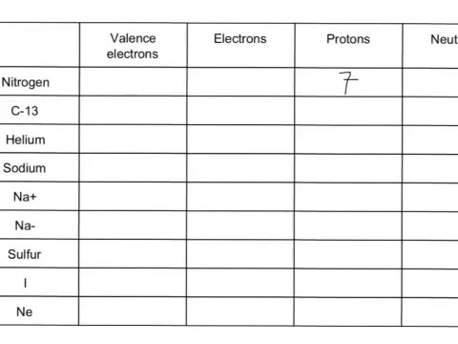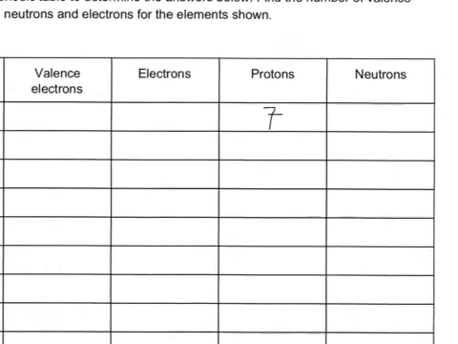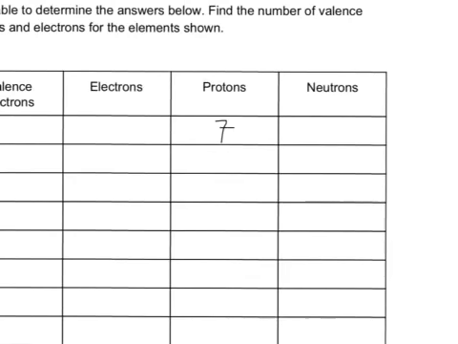For the number of neutrons, the atomic mass, 14, minus the number of protons equals the number of neutrons. So I'm going to abbreviate it: atomic mass minus protons equals neutrons. That always works, and for some of these is how you actually calculate the number of neutrons.